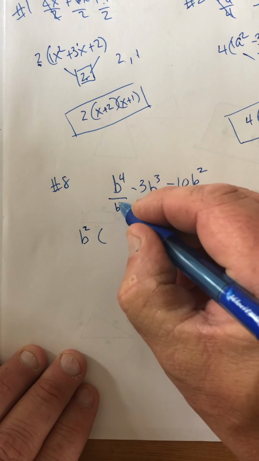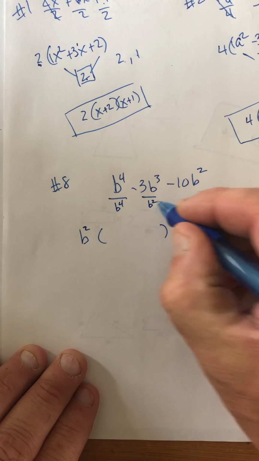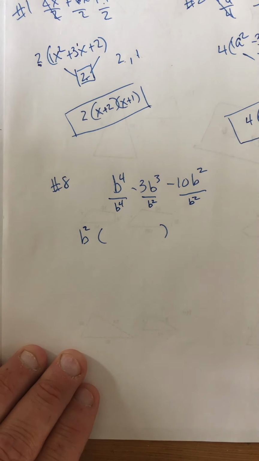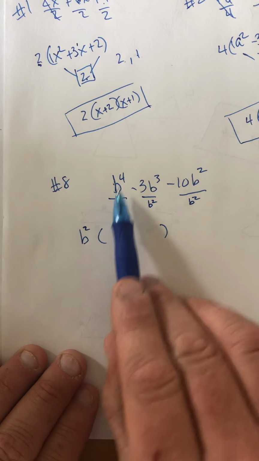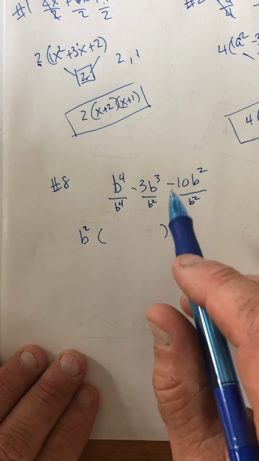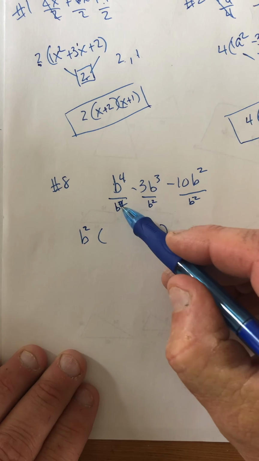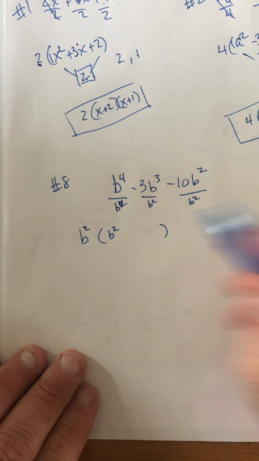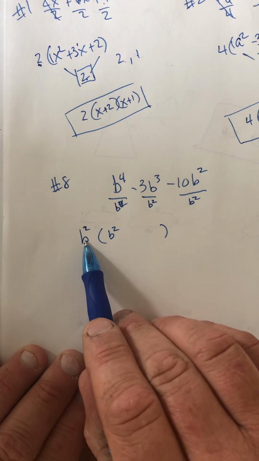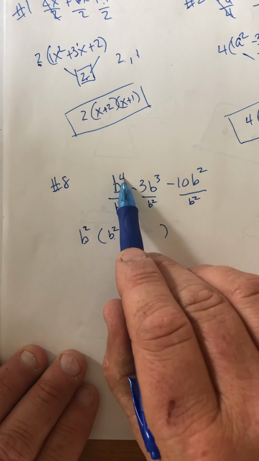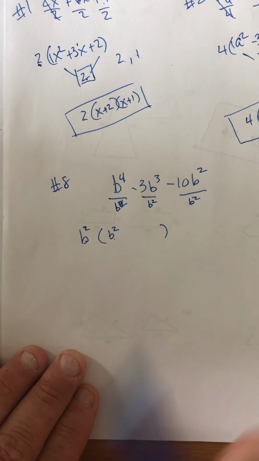So if I divide everything by b squared, watch what happens here. Remember, when we divide, we subtract our exponents. So 4 minus 2, I'm left with b squared. Going the opposite direction, b squared times b squared gives me b to the 4th, so I know I'm right there.